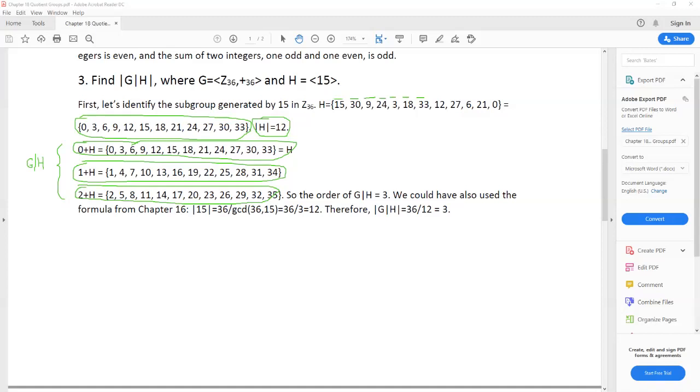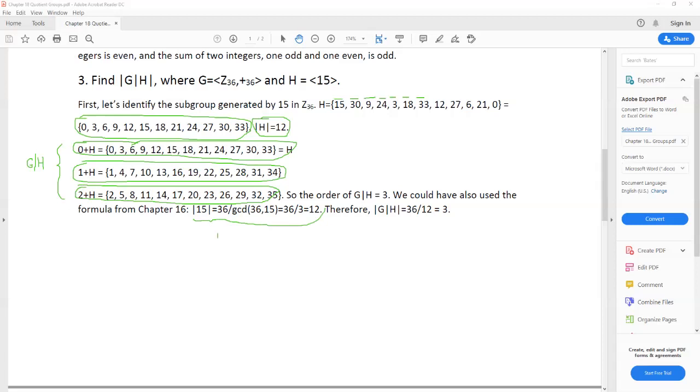We could have also used the formula from chapter 15. We could have figured out the 12 this way. We could have taken the order of the subgroup generated by 15.